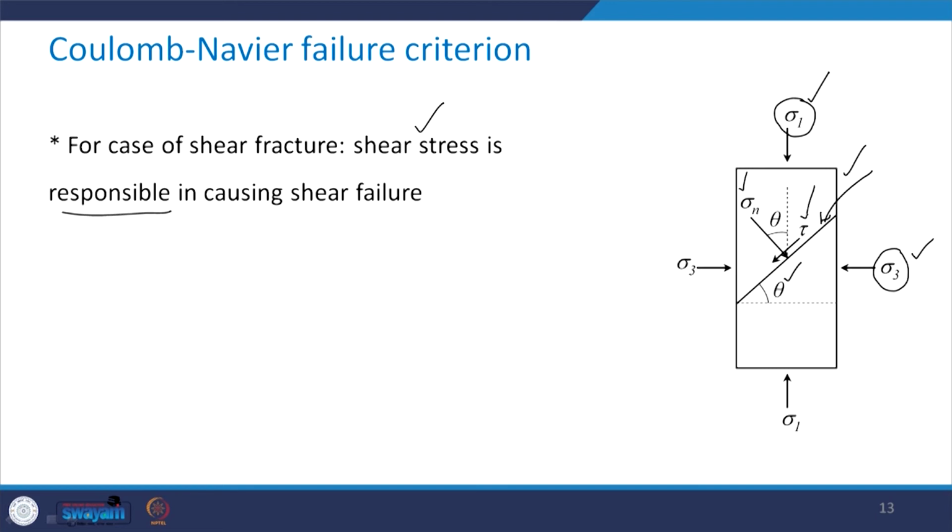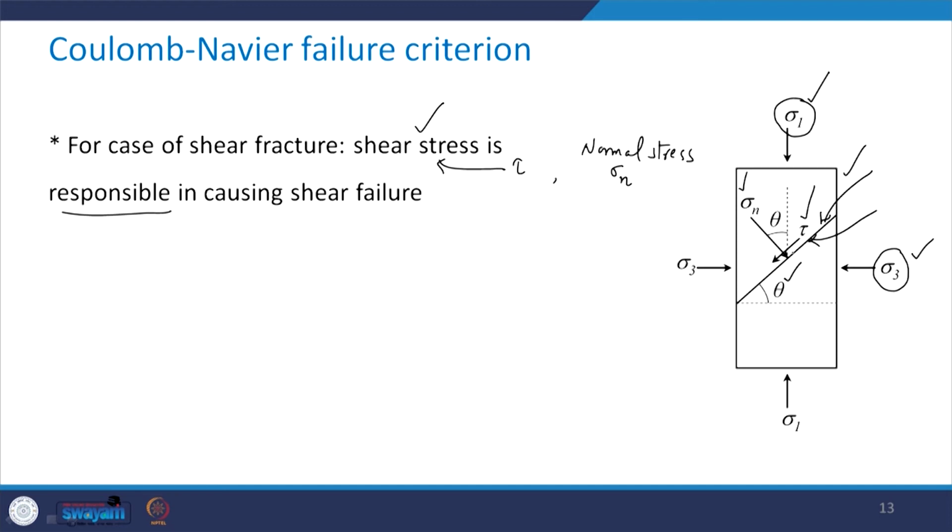This shear stress we are calling tau, and the normal stress is sigma n. So we can write the force equilibrium equations in the direction parallel and perpendicular to the plane of failure, which is this plane.